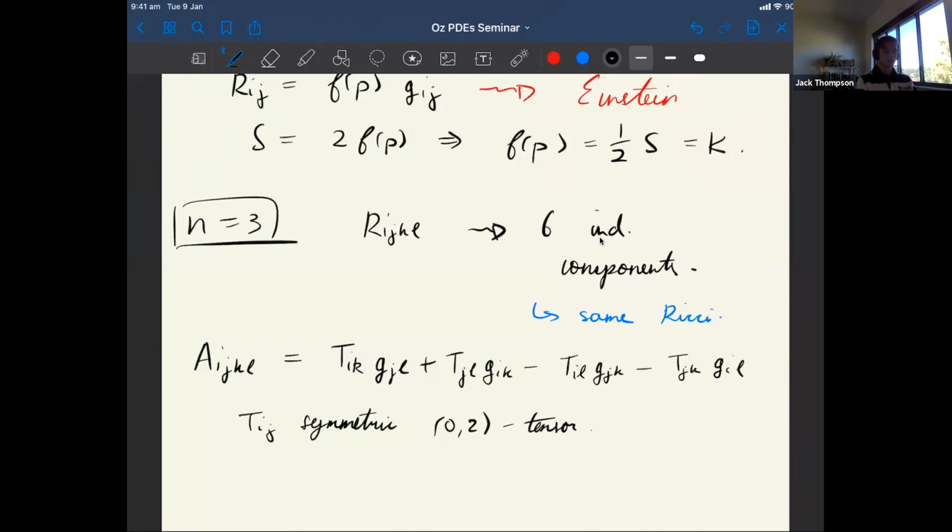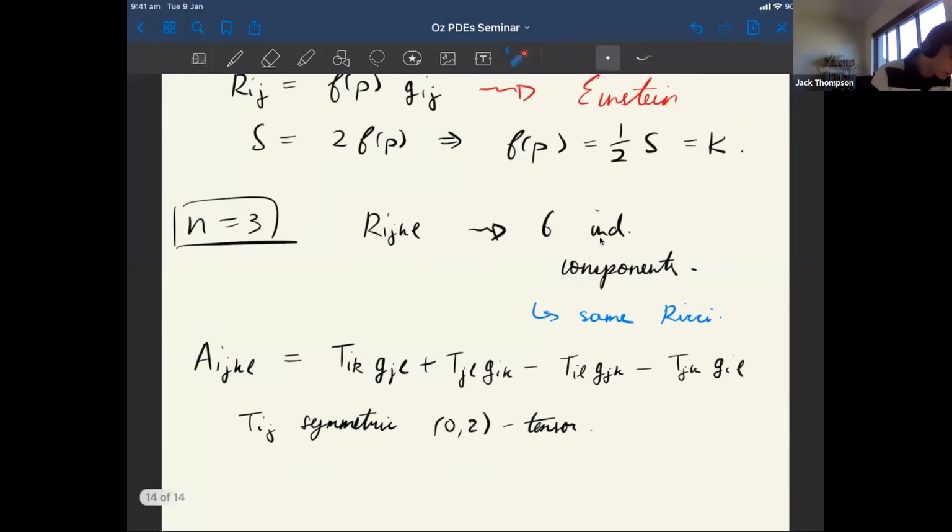Now it seems like a bit of a good guess in a sense once you know that it has these symmetries, because the number of independent components of T is 6, which is the same as the Riemannian curvature. So maybe the number of degrees of freedom that I have to pick this 2-tensor is the same as the number of independent components of the Riemannian curvature.